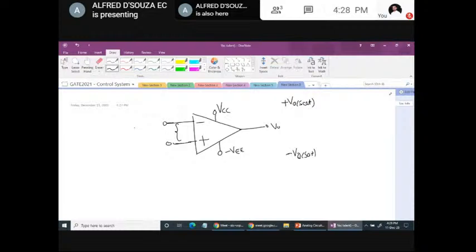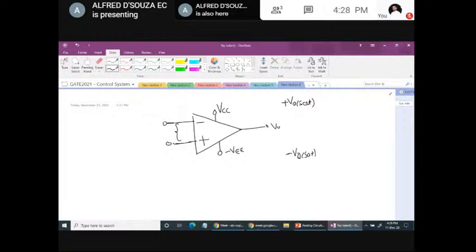If a positive feedback is introduced, the circuit becomes unstable. Sometimes that is used. A positive feedback circuit is also sometimes used. For example, in case of Schmitt trigger or in the oscillators, deliberately we will provide positive feedback and push the circuit to the unstable state.